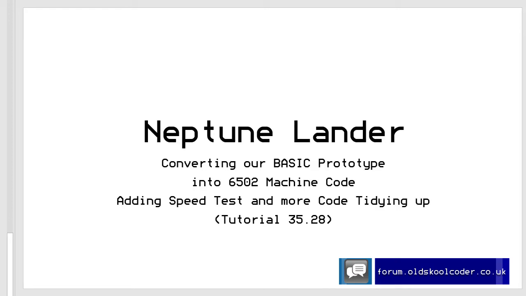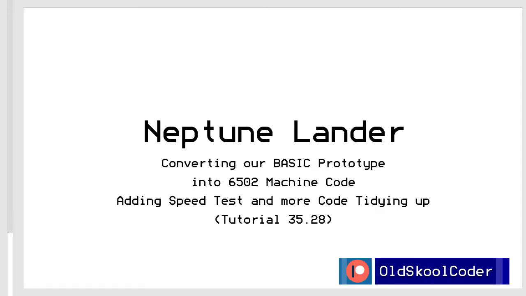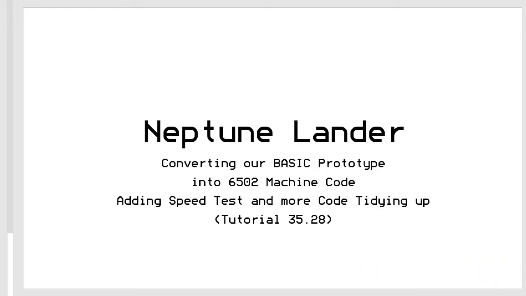The primary thing we're going to do here is add the speed test to the lander, so we can't land at 400,000 miles an hour. And hopefully when we've got some time we might do some more tidying up, especially around the game flow area, because I think that's still a little bit spaghetti-fied and we need to clean it up a bit. So let's get started, shall we?